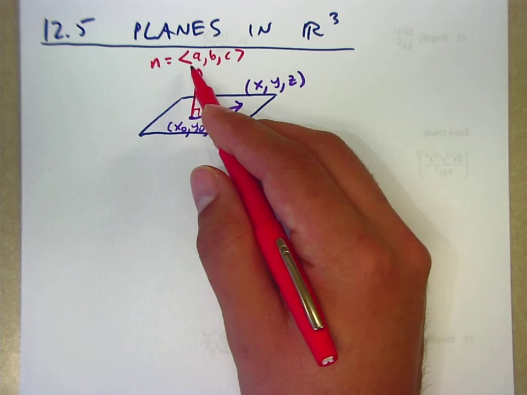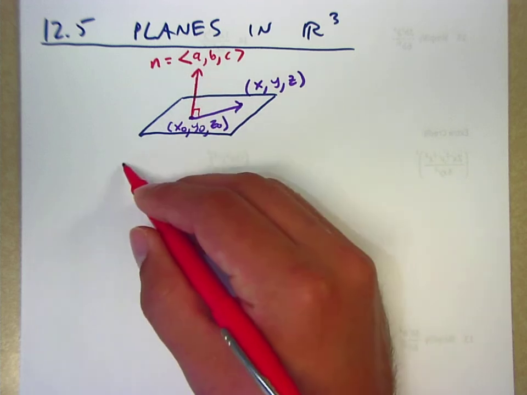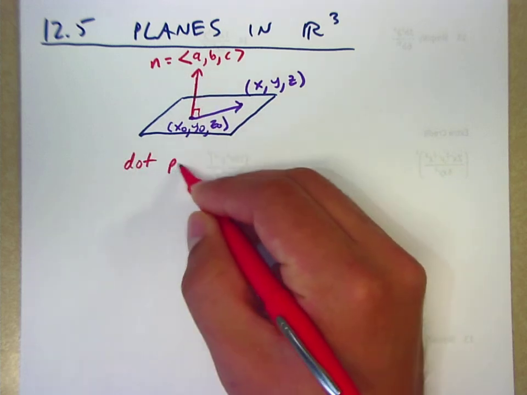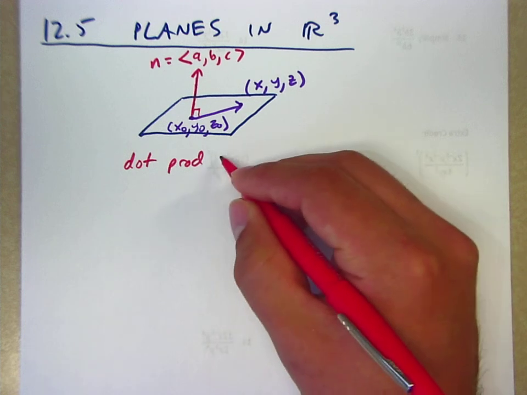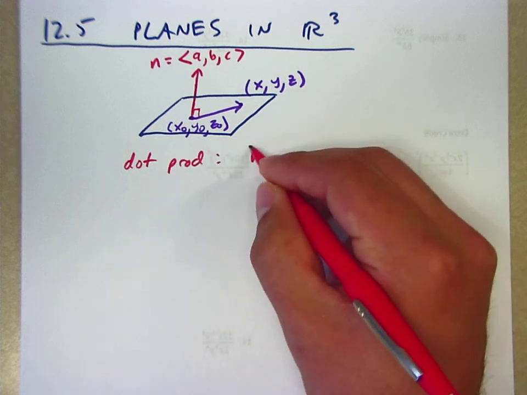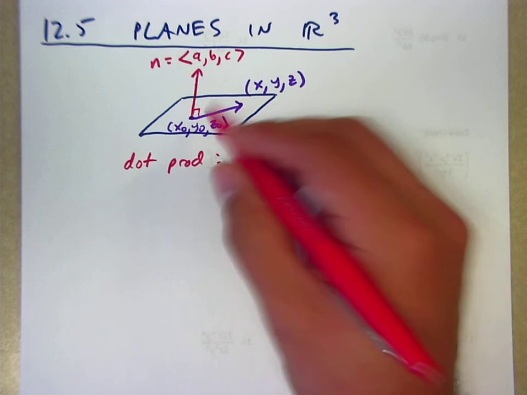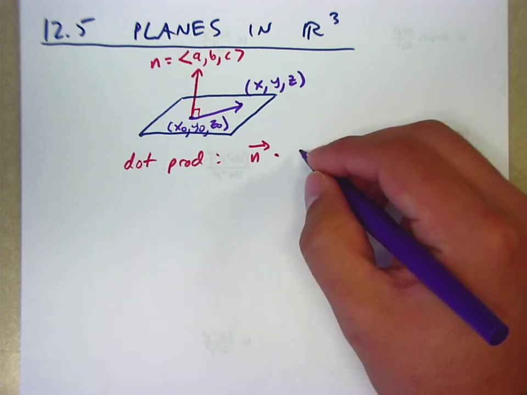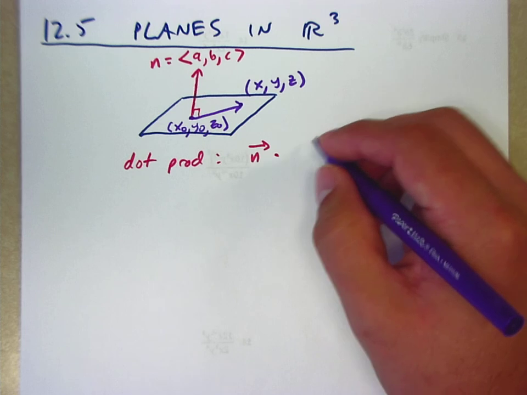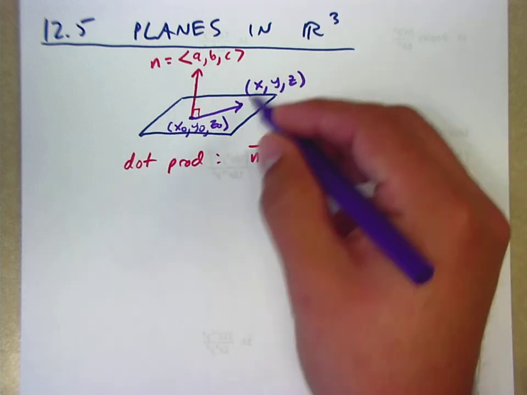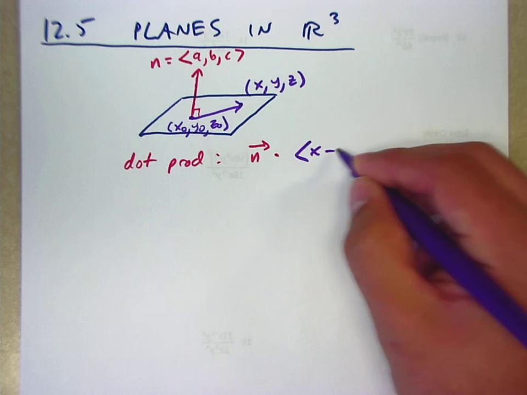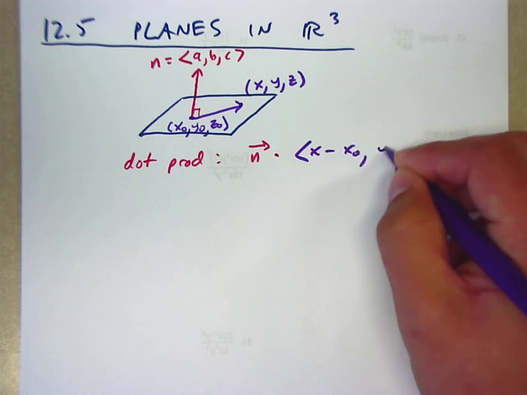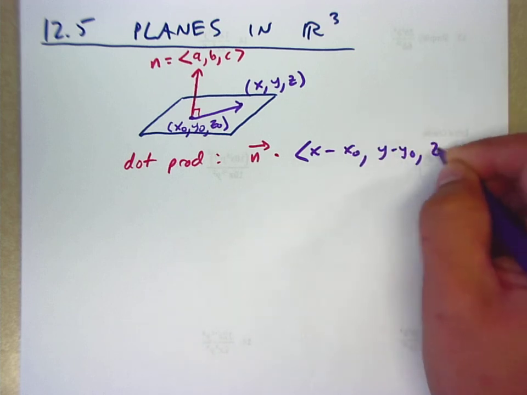Then we know that the dot product of n with the purple vector, let's just write the components. That's going to be x minus x naught, y minus y naught, and z minus z naught.